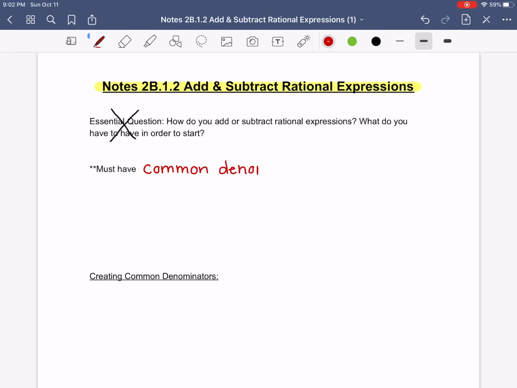So whether you're adding two fractions or three fractions, you have to have common denominators. However many fractions you have, they all have to have the same denominator. Once they have the same denominator, you just keep the denominator the same and add the numerators.